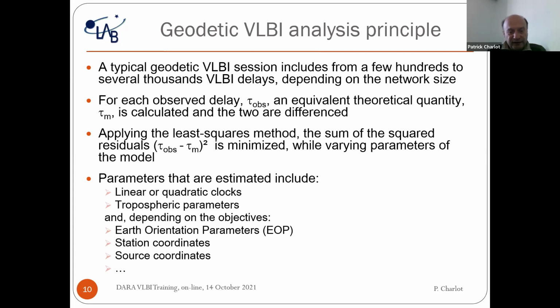You must estimate these clocks and tropospheric parameters because you cannot model them very well. And then depending on the objective of your experiment, you can estimate the Earth orientation parameters or the station coordinates, the radio telescope's coordinates, or the source coordinates, the quasar's coordinates.